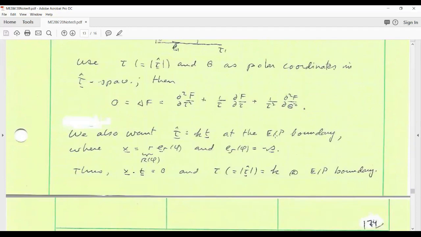At the elastic plastic boundary, we want to match our stress with the stress that we know comes from the plastic solution, yield stress and shear times the same T. And the elastic plastic boundary is defined in X space in terms of its radius, which will be r of phi at the boundary, times ER of phi, where phi is the azimuthal angle in X space. ER was minus S, if you remember. Right?